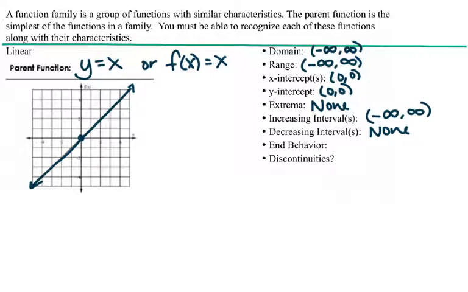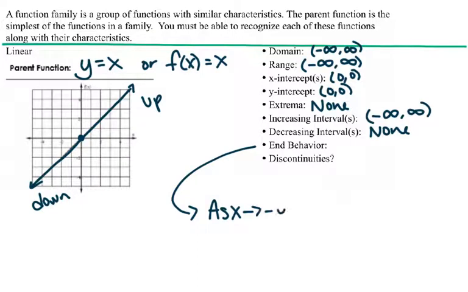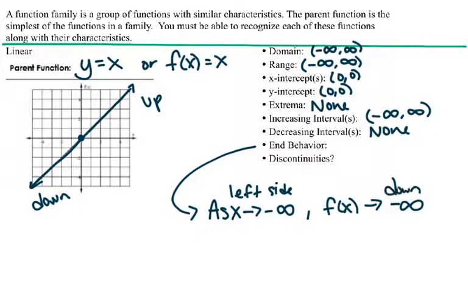In end behavior, you may have forgotten this one. I'm saying the left side is going down and the right side is going up. So I need a little extra room for this one. This is what I would say. If I wanted to say the left side, I would say as x approaches negative infinity, that just means left side, f of x approaches negative infinity. That means it goes down.